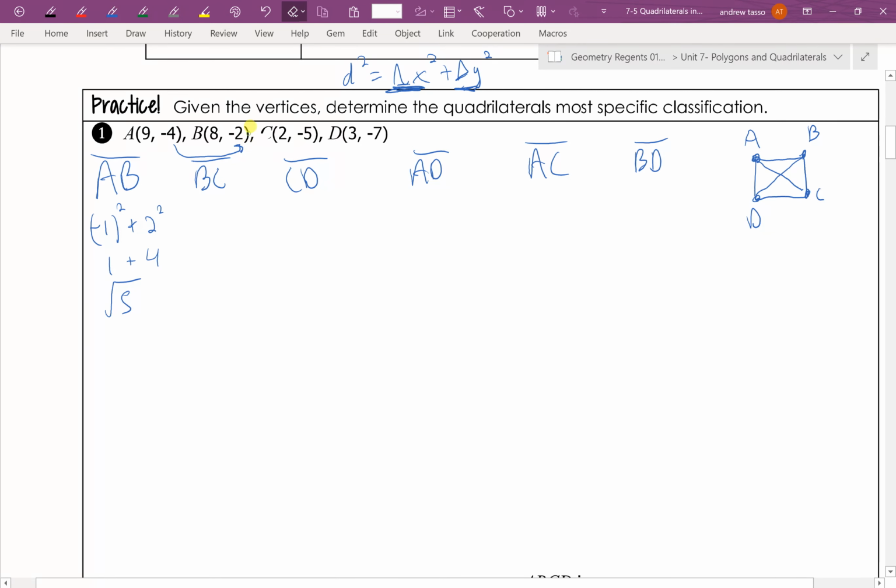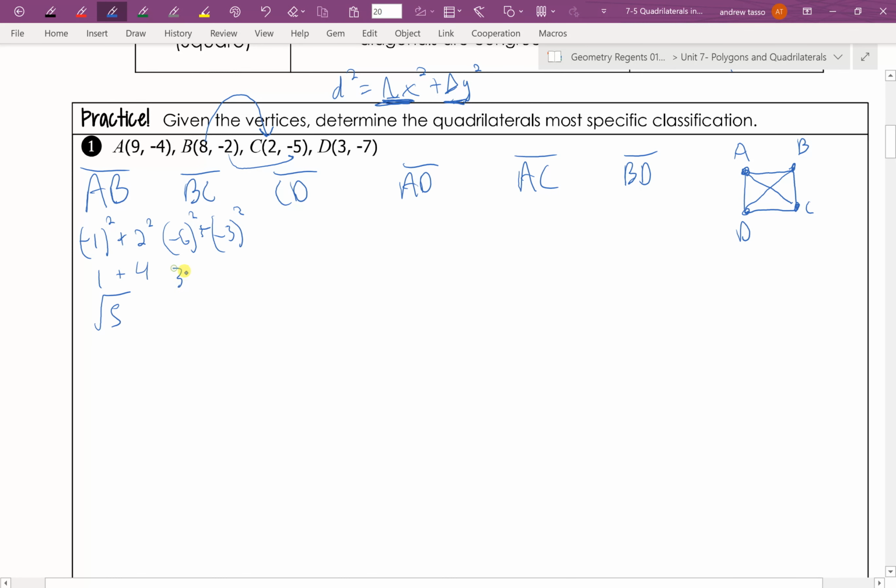Next up is BC. For BC, the change in x is that it goes down by 6, and the change in y is that it goes down by 3. Now, if you want to, you can ignore the negative signs if you're plugging this into the calculator. But if you do plug it in the calculator this way, you need to use parentheses around your negative numbers. Otherwise, you get a wrong answer. Anyway, here we get 36 plus 9, and that's 45.